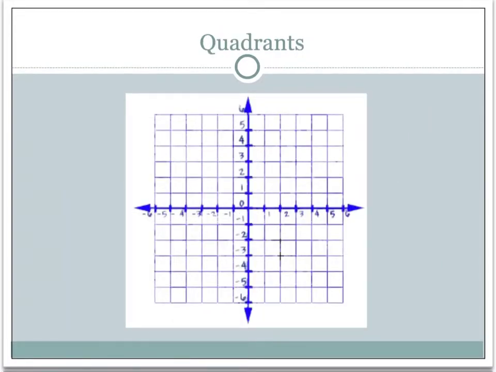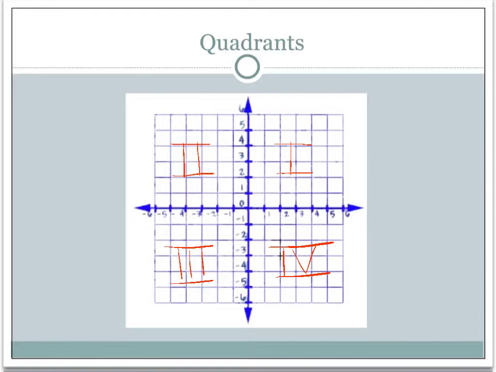Now, the coordinate plane is also broken up into four quadrants. The quadrants always start with the upper right-hand block, and this is quadrant 1. They go counterclockwise, so this would be quadrant 2, this is quadrant 3, and this is quadrant 4.